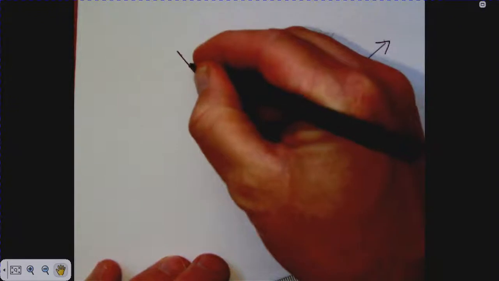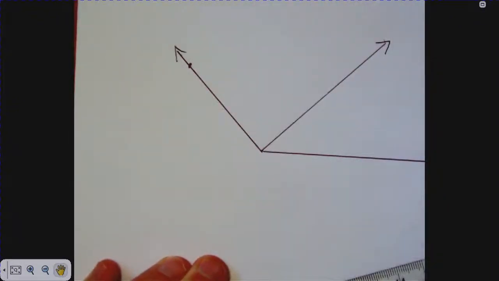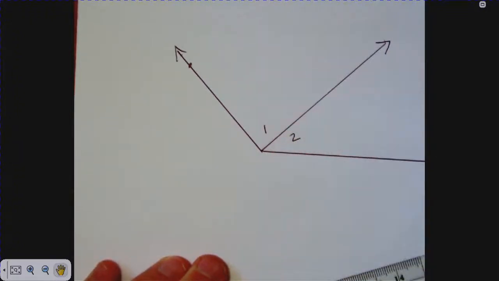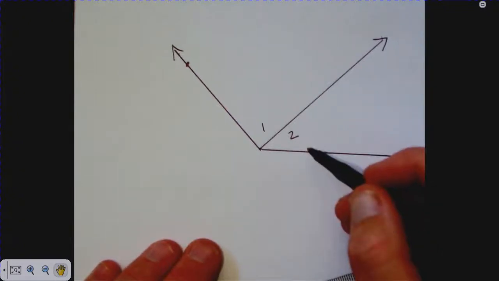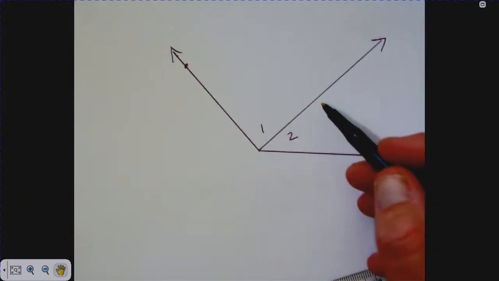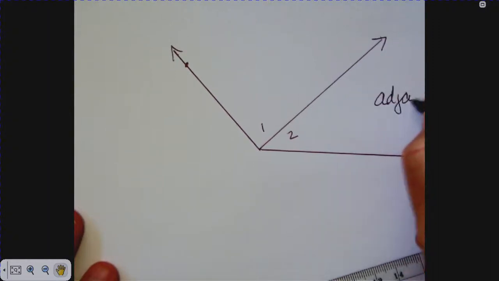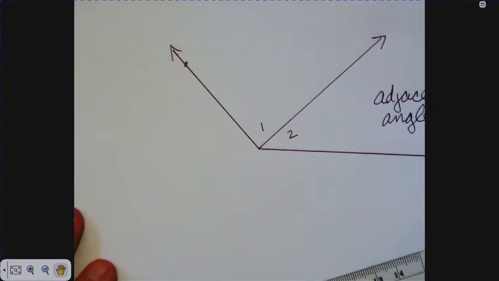Let's say I call these 1 and 2. Angles 1 and 2 with this common interior ray are adjacent angles. Adjacent means just what it says: they're next to each other.